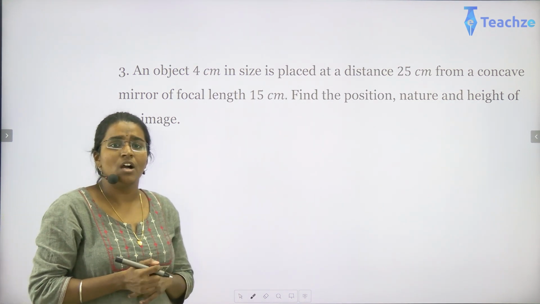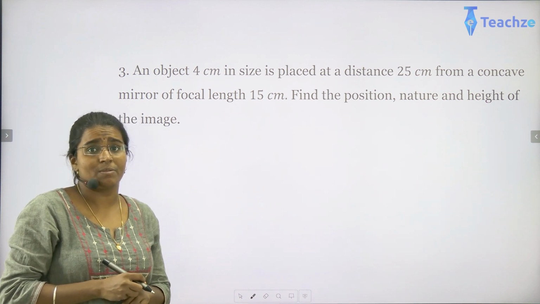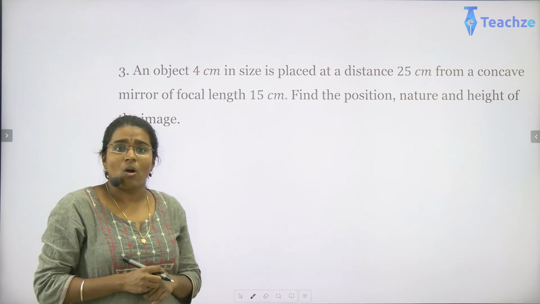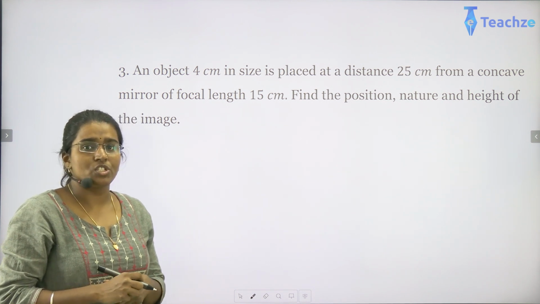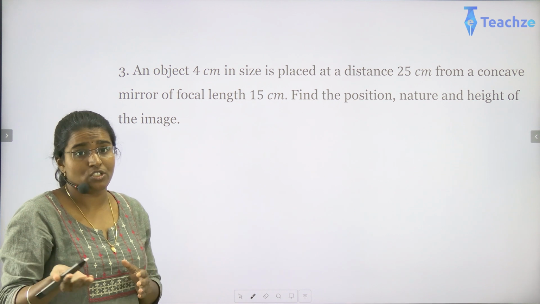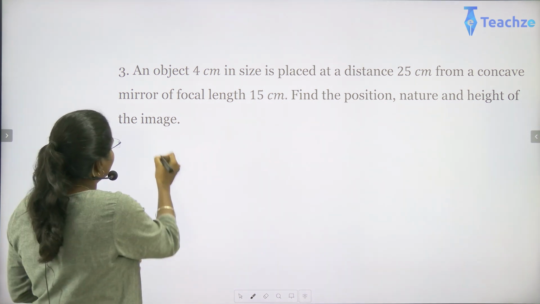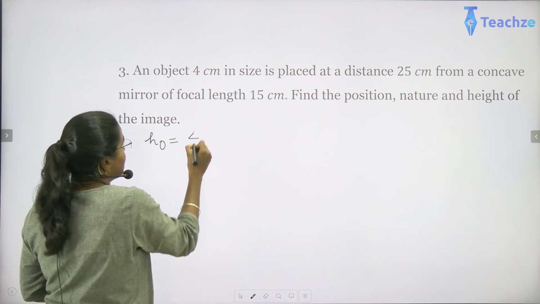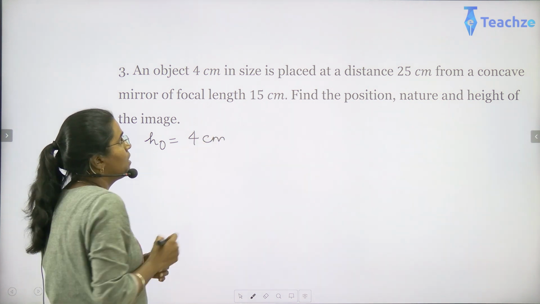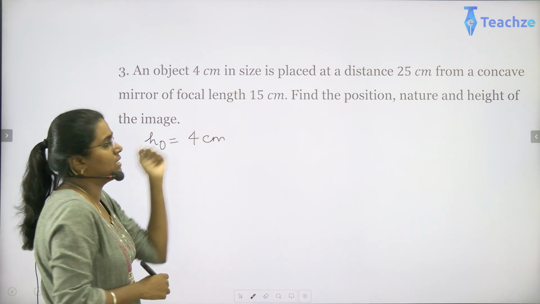An object 4 centimeter in size is placed at a distance 25 centimeter from a concave mirror of focal length 15 centimeter. Find the position, nature of the image and height of the image. So, object size is given, HO, it is plus 4 centimeter and it is placed at a distance of 25 centimeter.